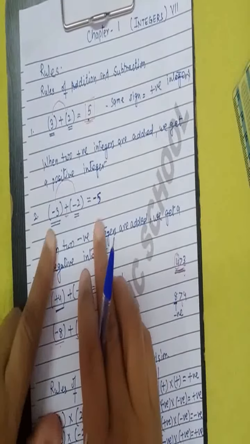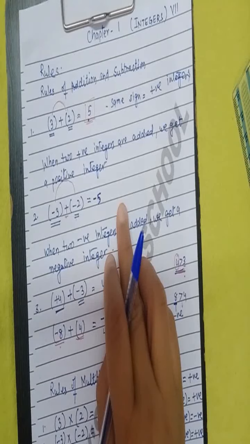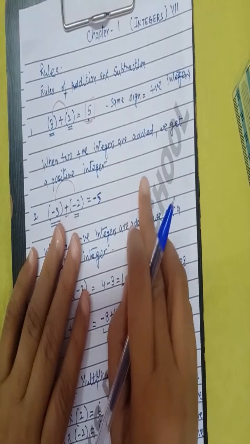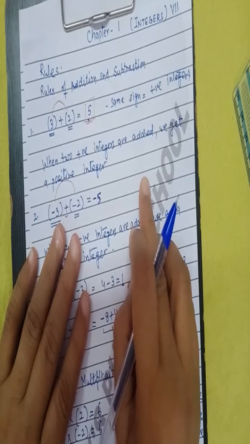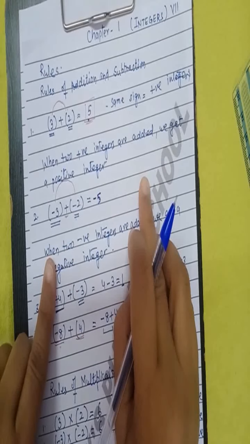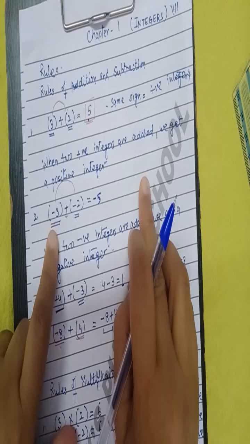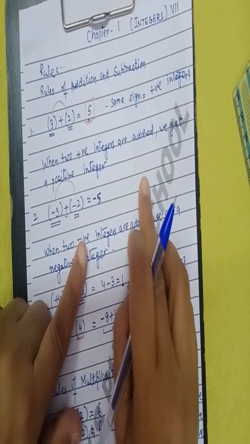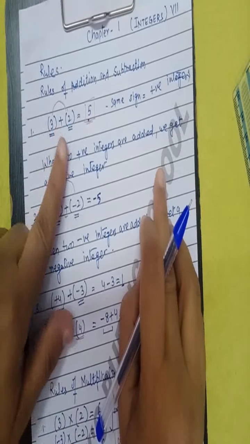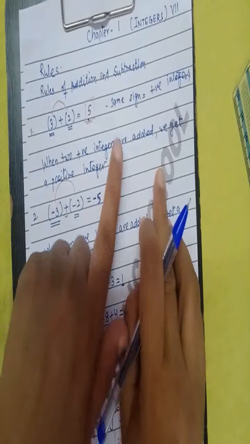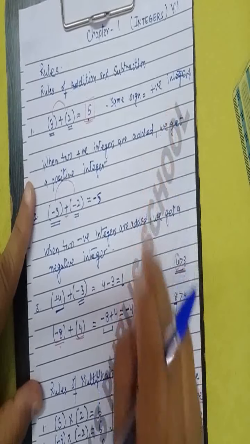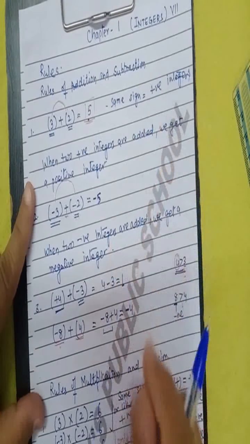If we are adding negative integers of the same sign, we again get an integer as the answer, but it depends on the sign. If both integers are negative, we put a minus sign before the answer. If both integers are positive, we put a positive sign before the answer.